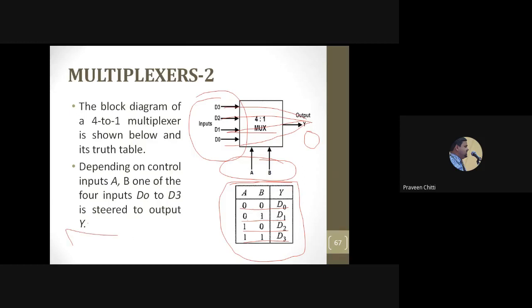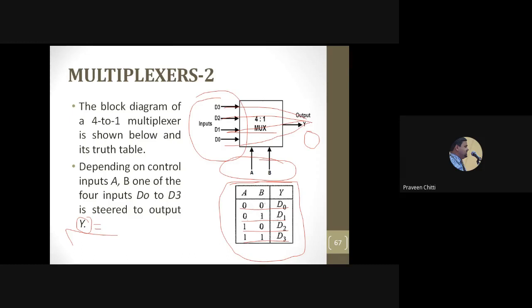In the previous case, we wrote A bar I0 plus A I1, because there was only one select line A. Now here we have 2 select lines, so depending on the values of A and B, you have to write.